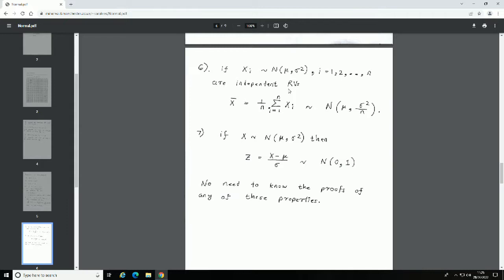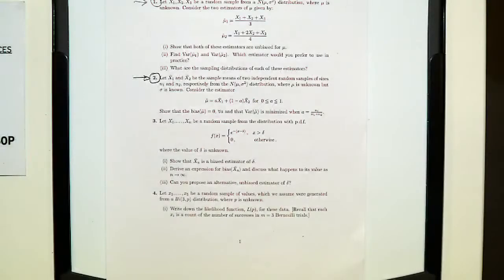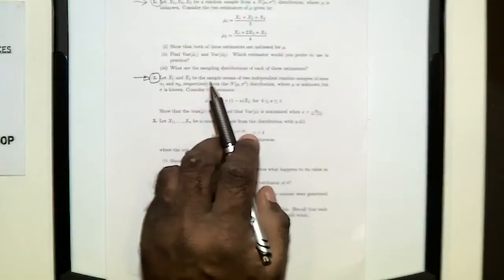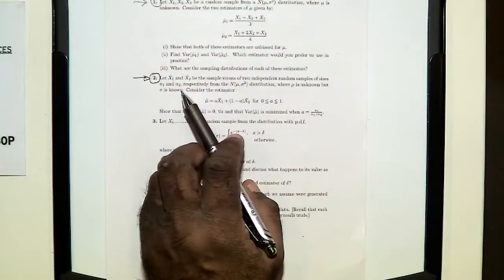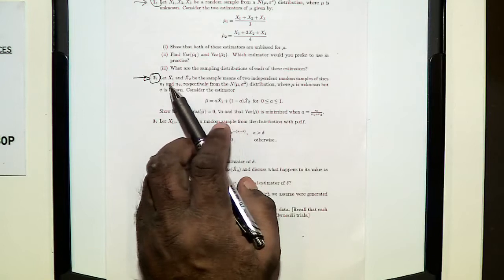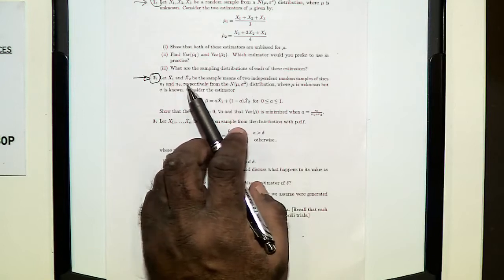Guys, have you done question 2 yet? Okay, let's see it. So try to use this property number 6, right? Okay, let's go back to where I was. All right, so you have two random samples, size n1 and n2, and these are the sample means, x bar 1, x bar 2, right?